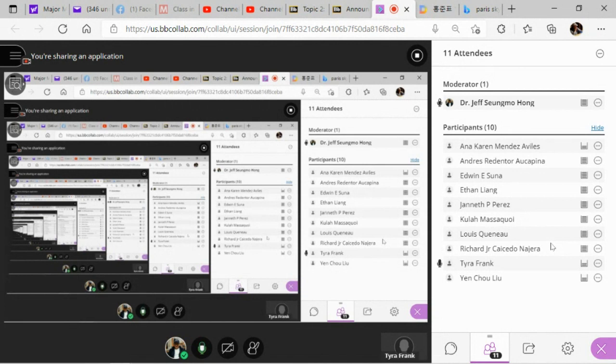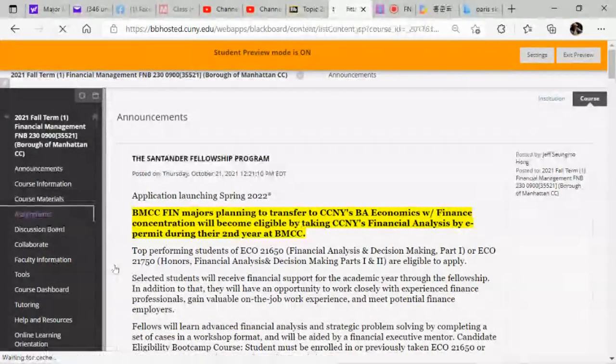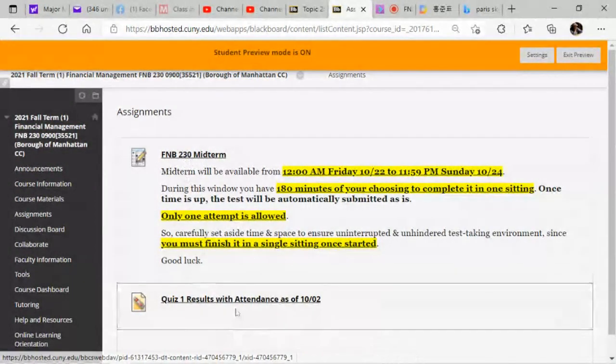I have a question. Are your grades updated on Blackboard? Yeah, the grades are there, the result of the first quiz. If you go into the assignments, you can see the midterm there, and the quiz one results with attendance as of October 2nd.